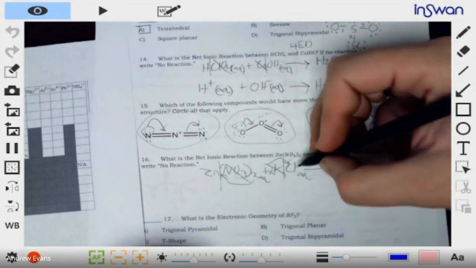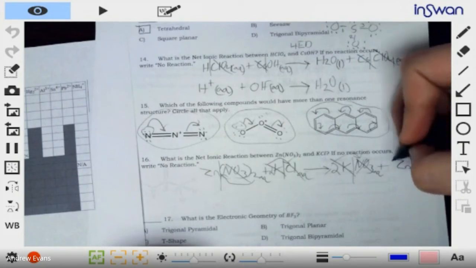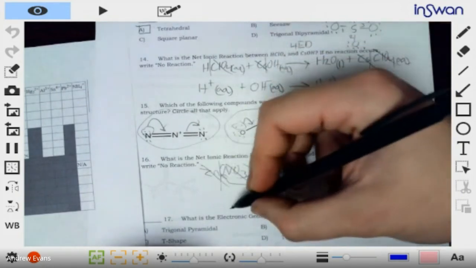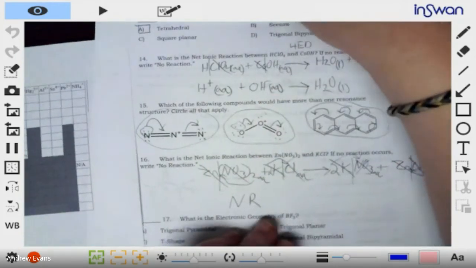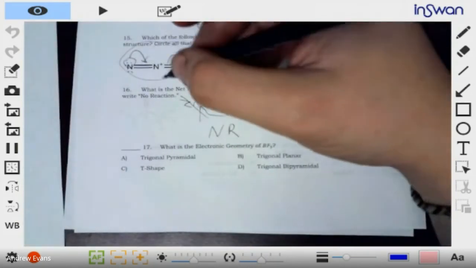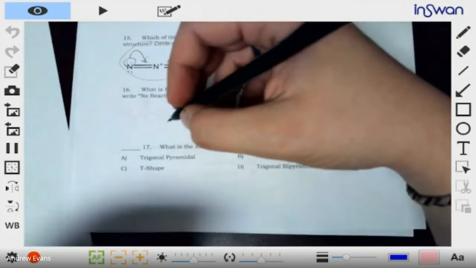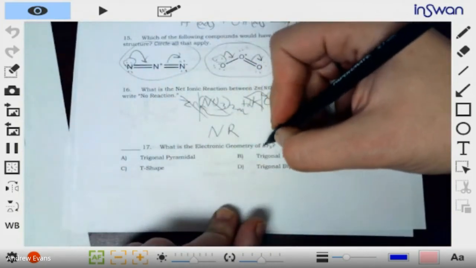Two chlorides cancel two chlorides. One zinc cancels one zinc. We have no reaction. If everything is aqueous, there are no liquids, there are no solids, it is a no reaction.